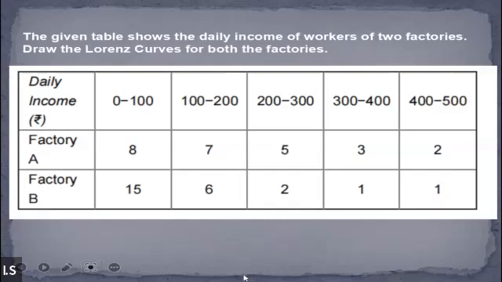So here we want to find out the dispersion among the workers working in factory A and factory B with respect to income only. Getting my point? So if you want to find out the dispersion between two variables with respect to one particular variable, in that case we will be preparing two Lorenz curves.